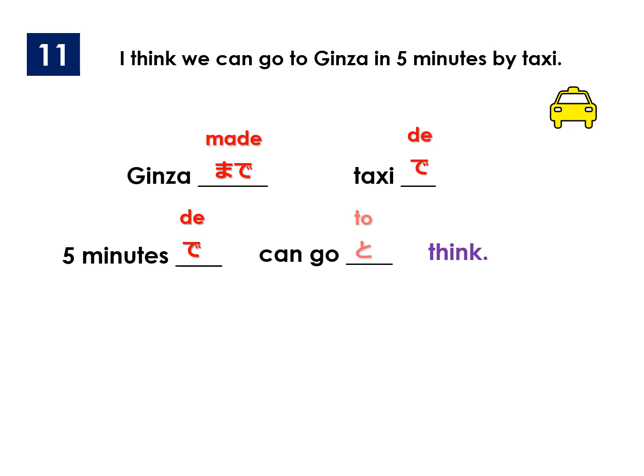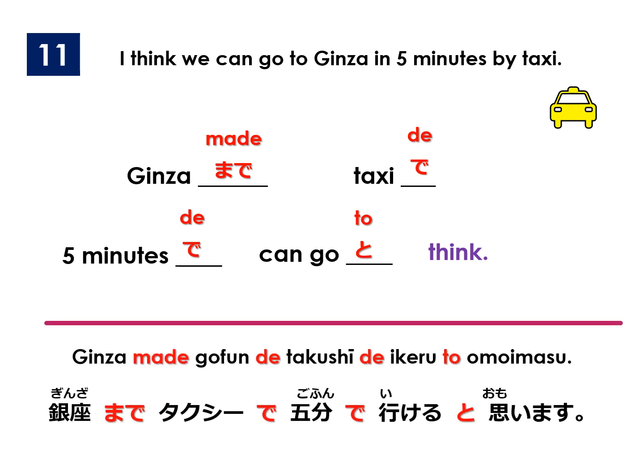Can go takes the particle to indicate that the whole thing is a quote. Think is a verb that signals a quote. And in Japanese we say, 銀座まで5分でタクシーで行けると思います。I think we can go to Ginza in 5 minutes by taxi.